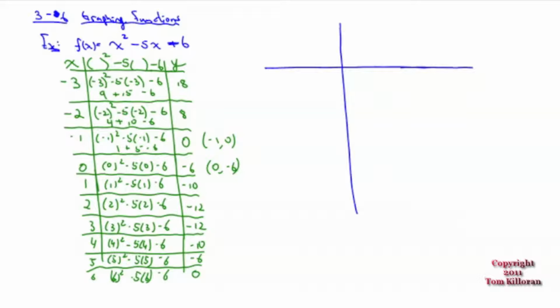So let's see here. 1, 2, 3, 4, 5, 6. 1, 2, 3. I got 8. So I have to go 1, 2, 3, 4, 5, 6, 7, 8. It's someplace up there. And then negative 12. So 1, 2, 3, 4, 5, 6, 7, 10, 11, 12. As deep as it goes.